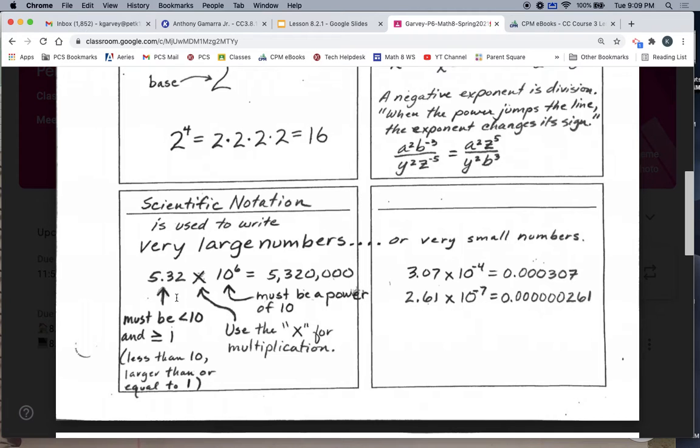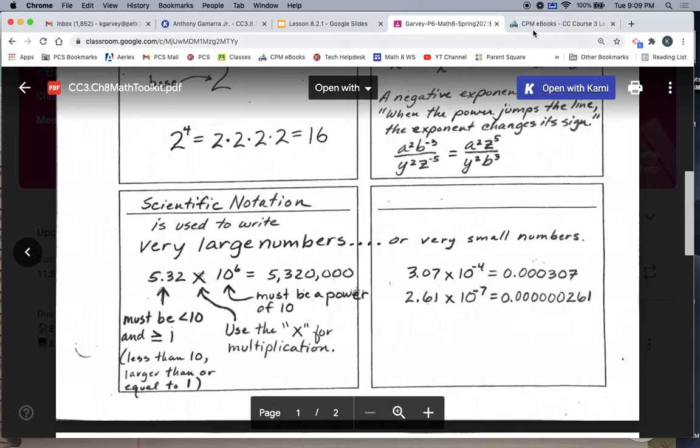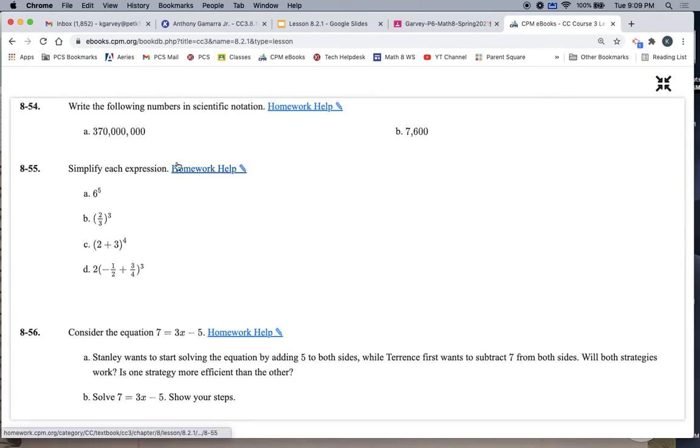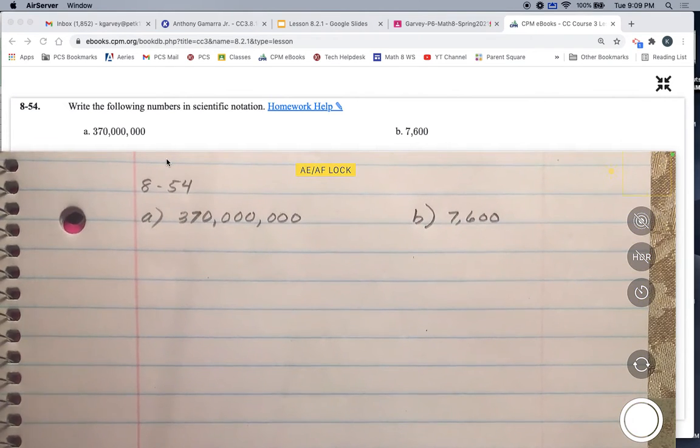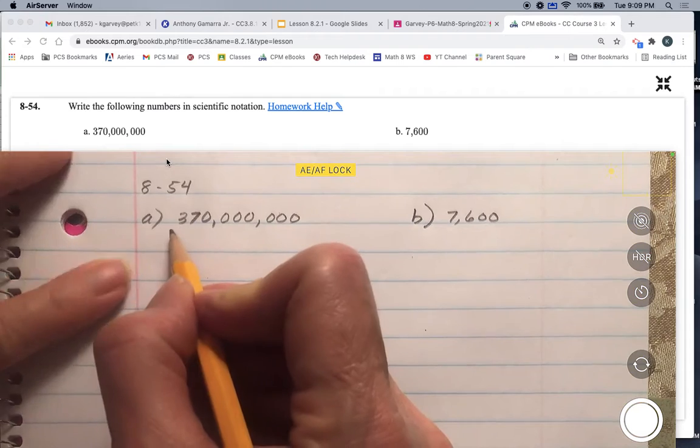Okay, so this first number we know has to be less than 10, but larger than or equal to 1. And then this needs to be a power of 10. So let's go back and look at these numbers and see what we can do to create scientific notation.